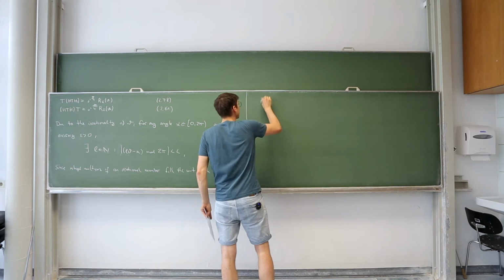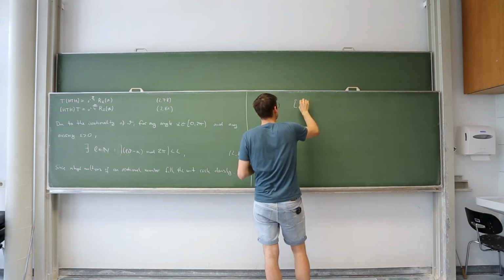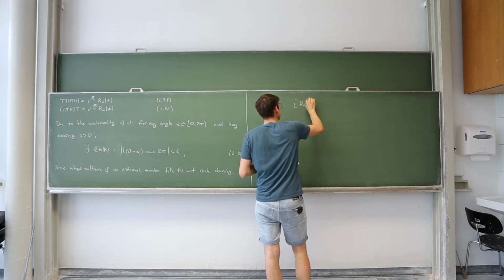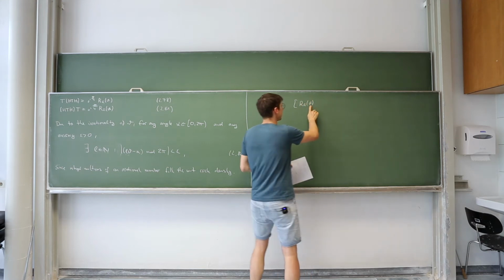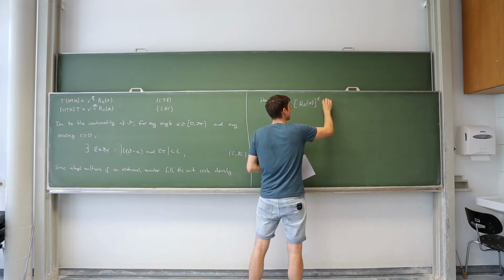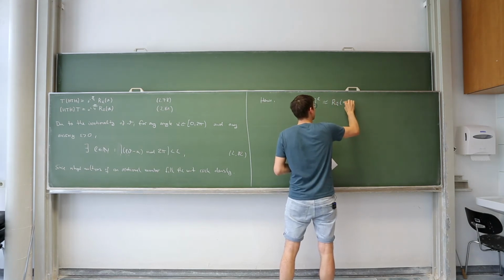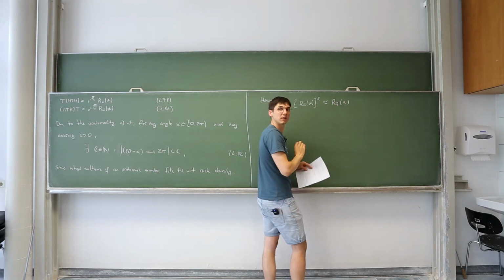Hence we can find an L such that the rotation by theta around n to the power of L is approximately the rotation by the angle alpha around n.